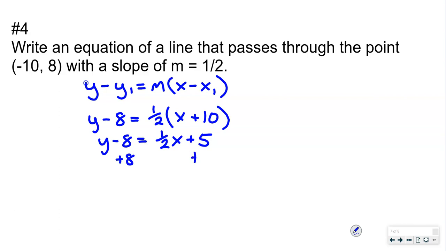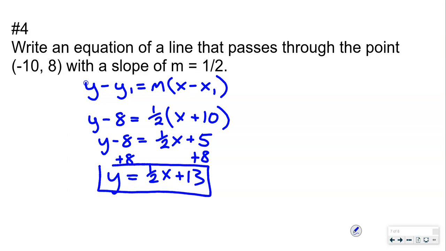We want to get y by itself. We get y equals 1/2 x plus 13. So if we graphed out this line, it would cross the y-axis up at 13, at 0, 13.